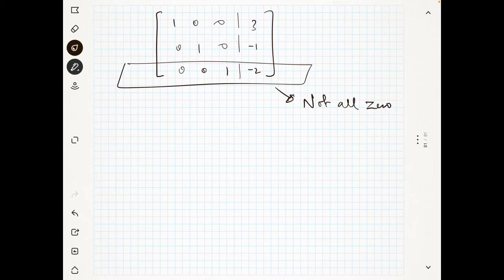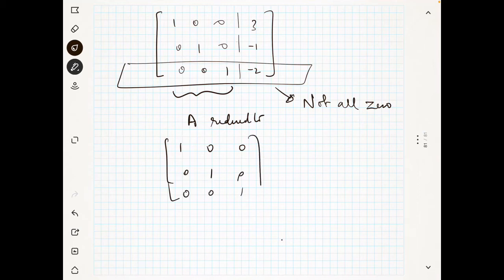So you can see that this is the matrix A, and this matrix A has been reduced to 1 0 0, 0 1 0, 0 0 1. A has been reduced like this, and it is a 3 by 3 matrix.